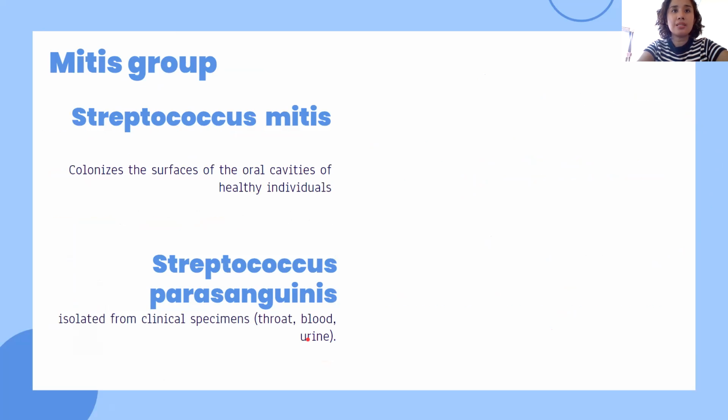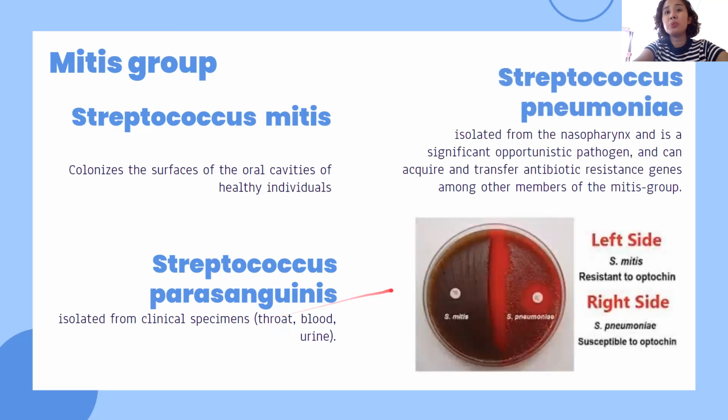Streptococcus mitis is also a common normal flora in the oral cavity. Streptococcus parasanguinis: not only the mouth, but you could find it in your throat, in your blood, in your urine. And Streptococcus pneumoniae, because the mouth is the entry point of Streptococcus pneumoniae, could be found in your nasopharynx.